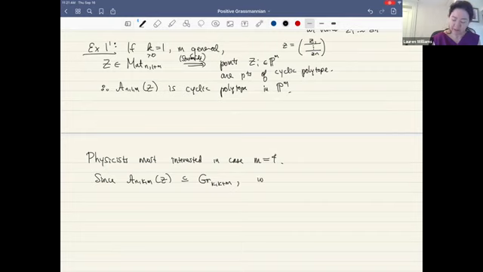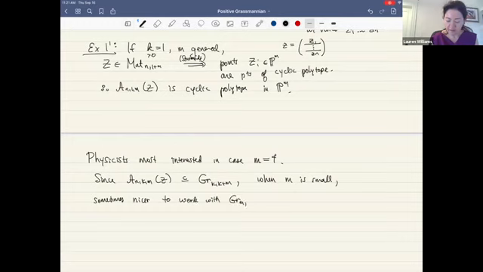So when m is small, it's sometimes nicer to work with GR_{m,k+m} instead of the original Grassmannian.